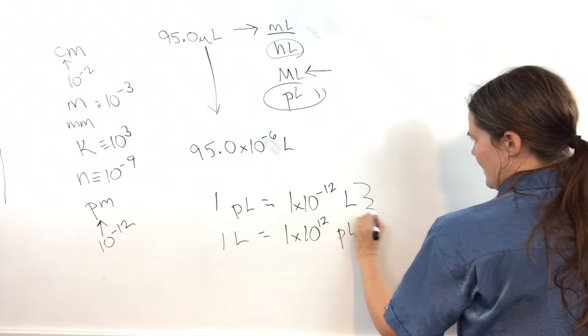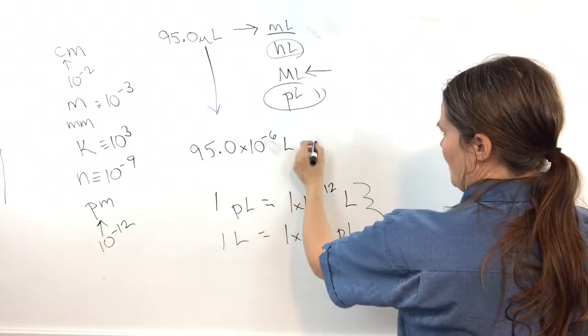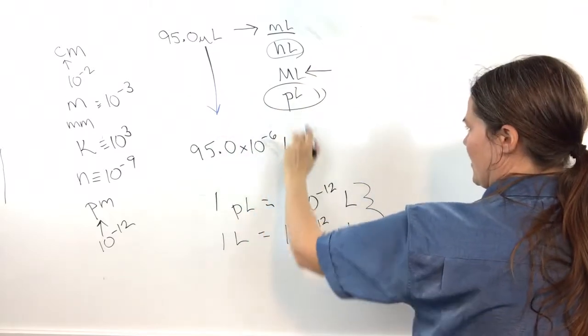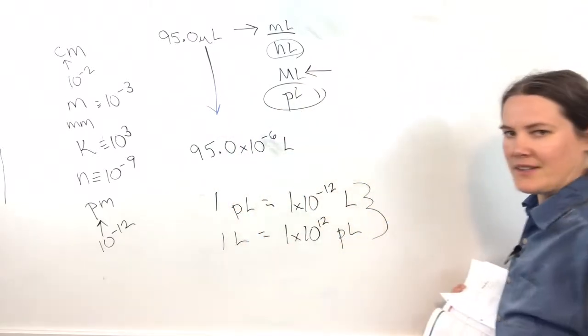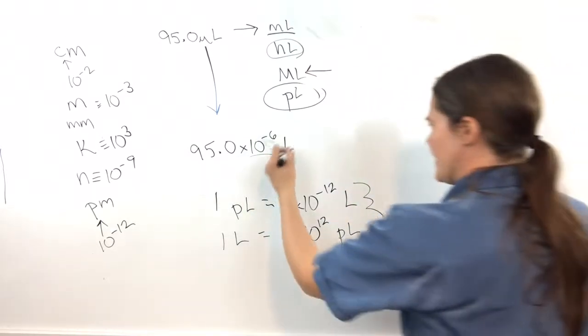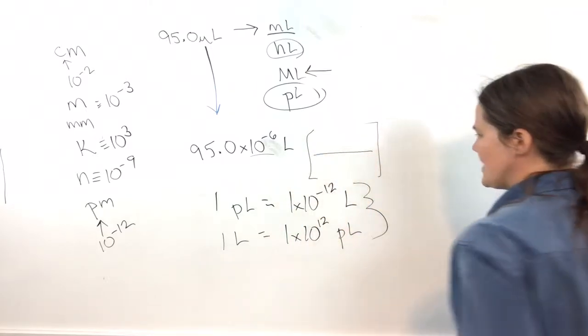So these are the conversion factors, and we could use either. So we're converting from microliter to liter to picoliter. I've already converted this into liter by writing it with the prefix written out as 10 to the negative 6. So now I just need to convert this to picoliters.